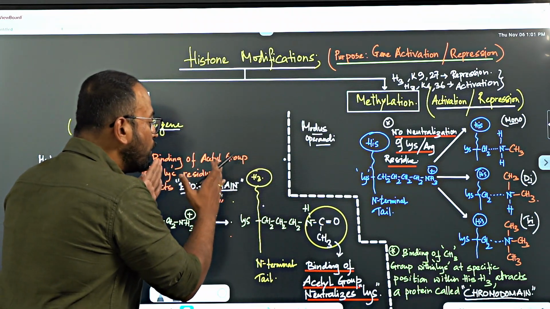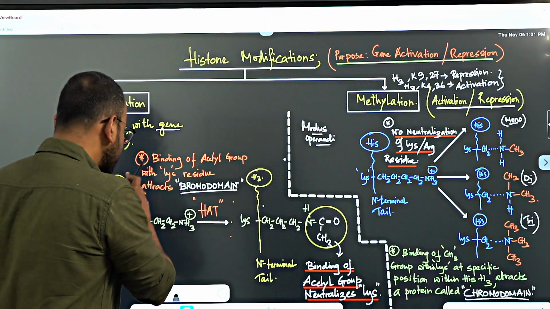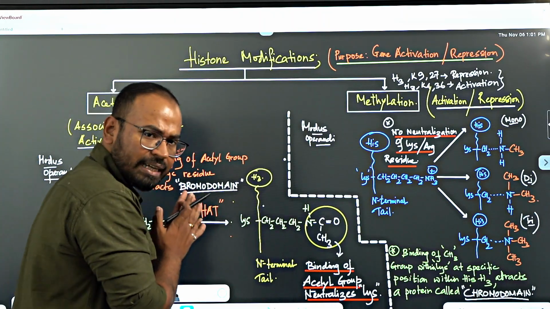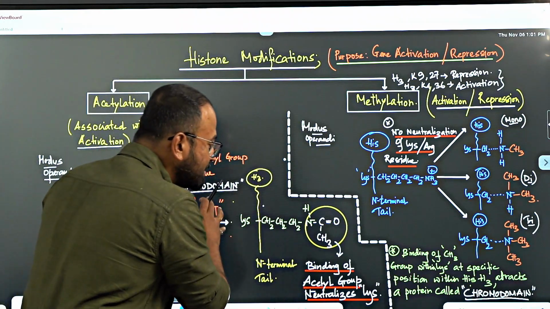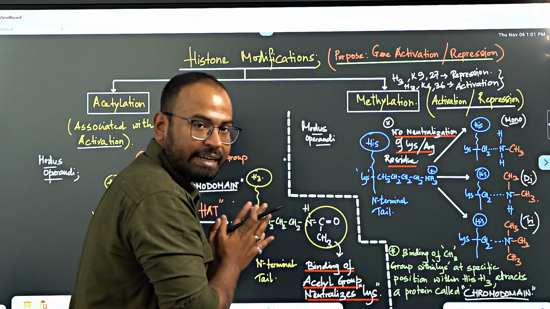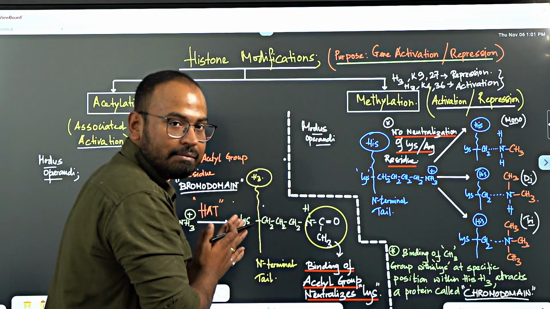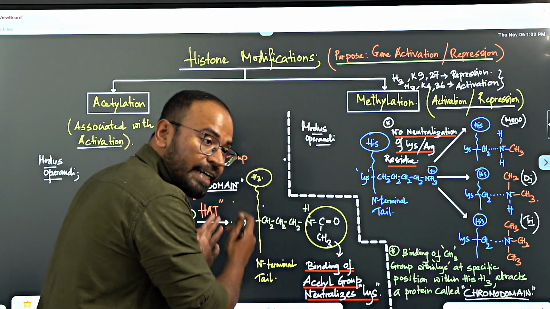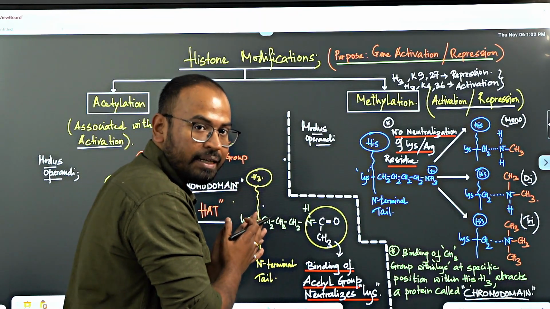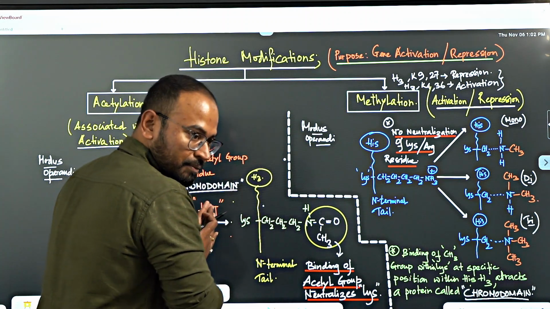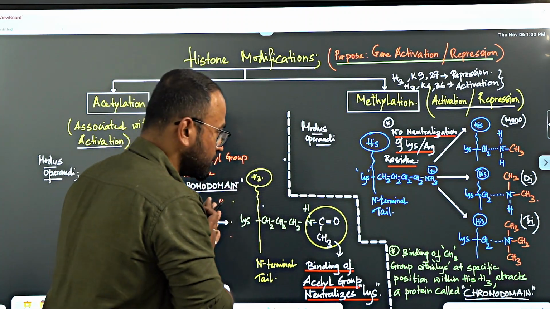Whenever this lysine residue gets acetylated, the bromodomain comes and binds with this acetylated region. And this is how the entire mechanism of acetylation leading to gene activation takes place within the histone. This is the first part of our discussion.